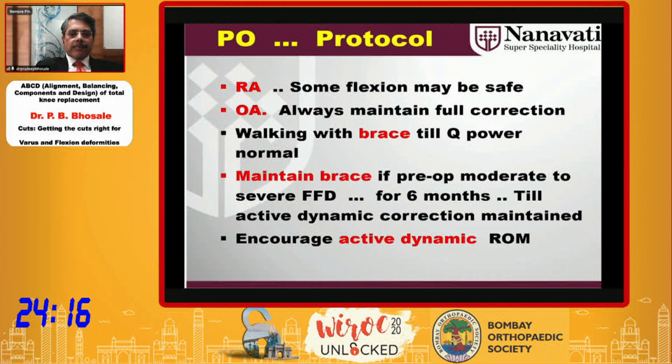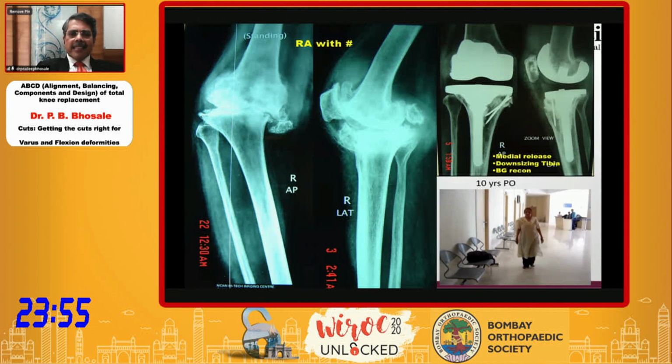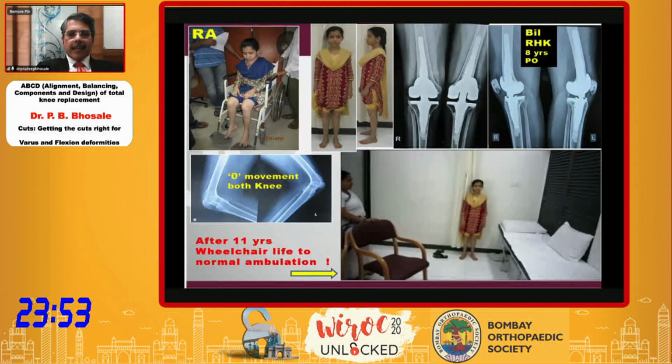A brace should be maintained in flexion deformity, because there's always a good chance of recurrence. Flexion deformity recurs very fast. So till the tissues are matured, you must maintain the night splint, flexion deformity correction splints, and encourage active movement. And these severe deformities can be easily corrected.